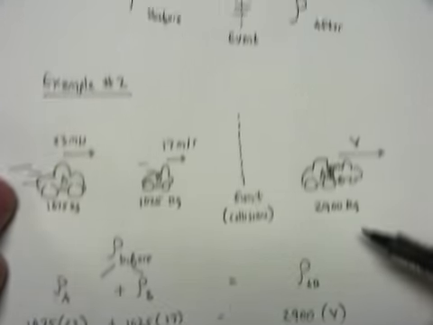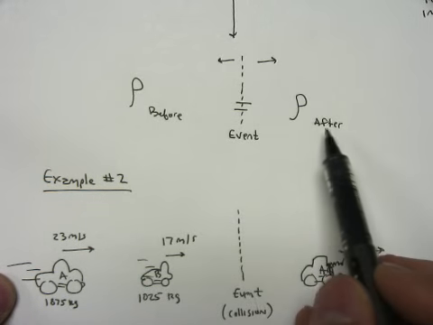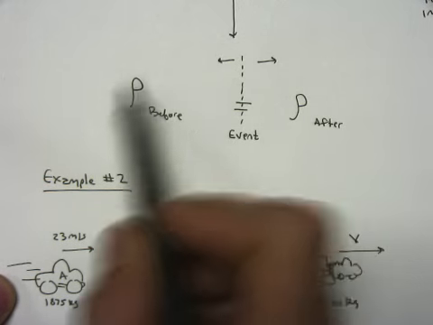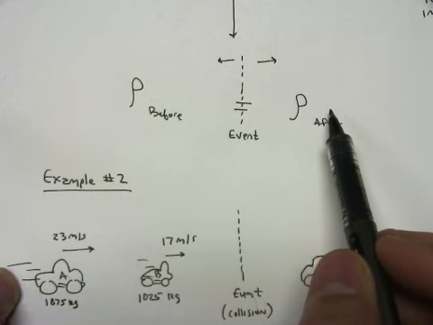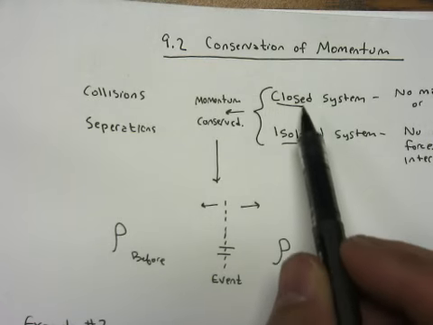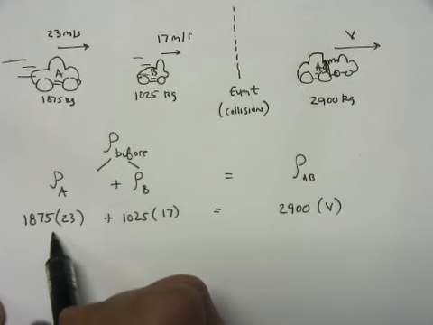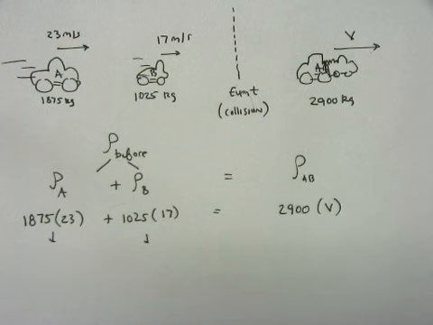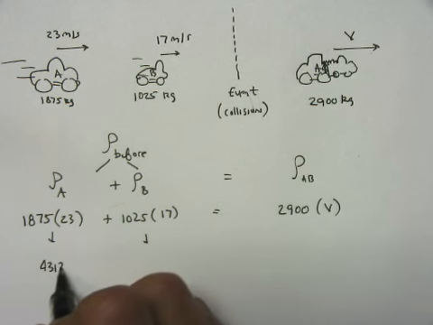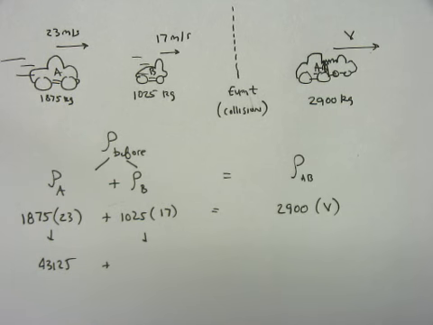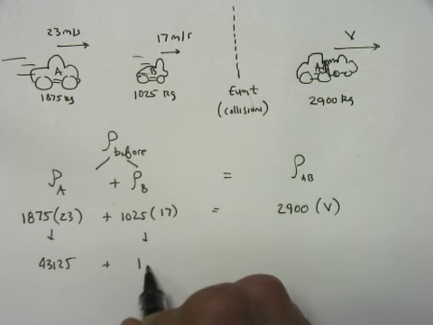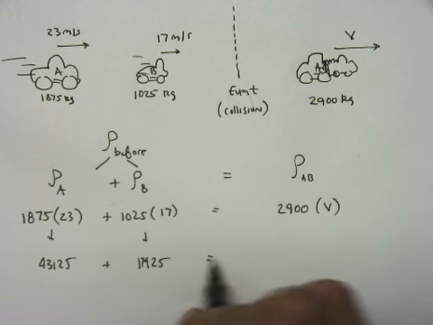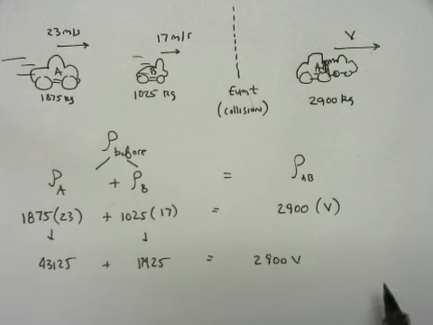So here I'm taking this whole idea of momentum before and momentum afterwards. Momentum beforehand is going to equal momentum after, only if I don't lose anything and there are no outside forces interacting. I can go through the math: 1875 times 23 is 43,125, plus 1025 times 17, that's 17,425, and that equals 2,900 v.